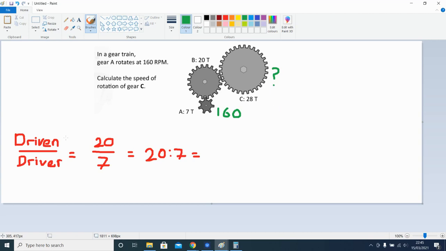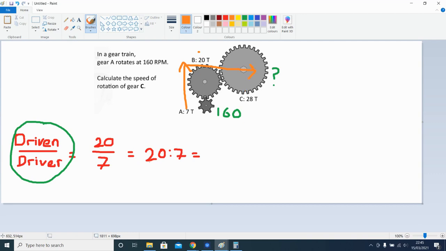So using our formula, driven over driver, we can say that's 20 driven over 7 driver. So we're basically working out our speed across here, and then we work out our speed from here through here. So we're going to do it that way, and then get our output speed.